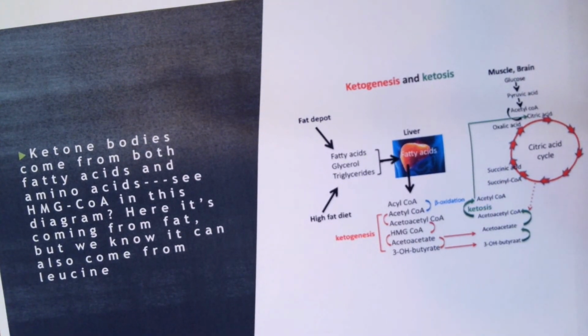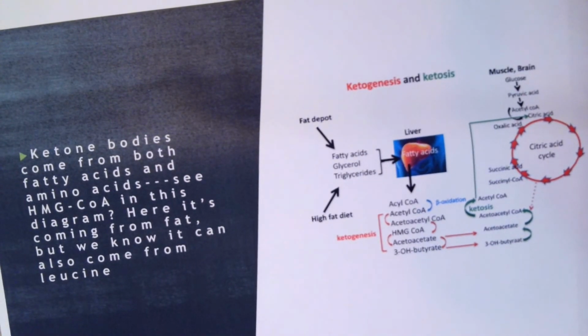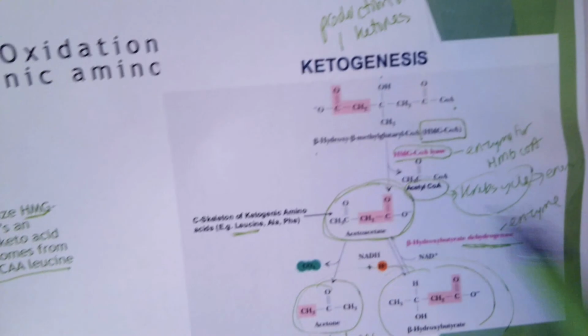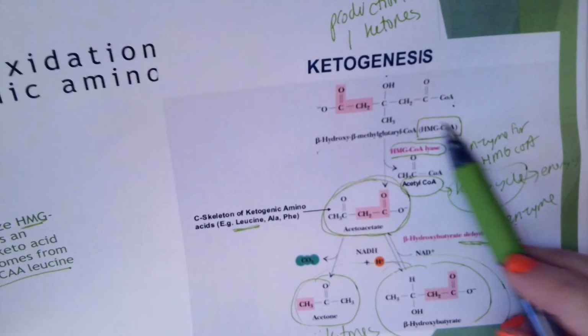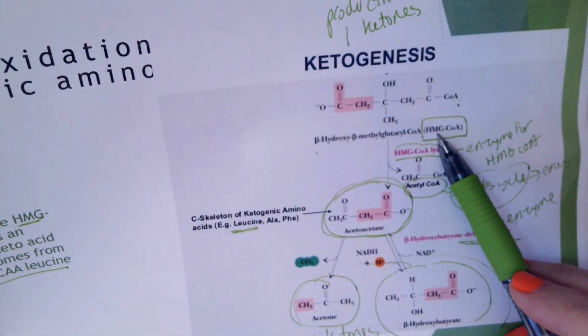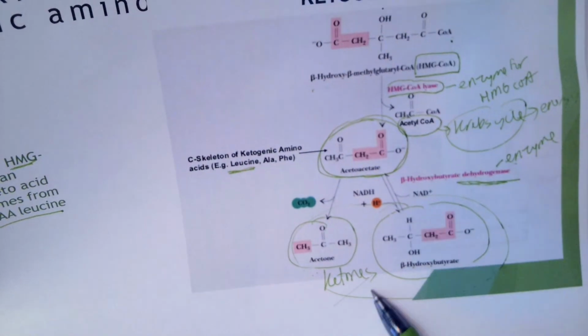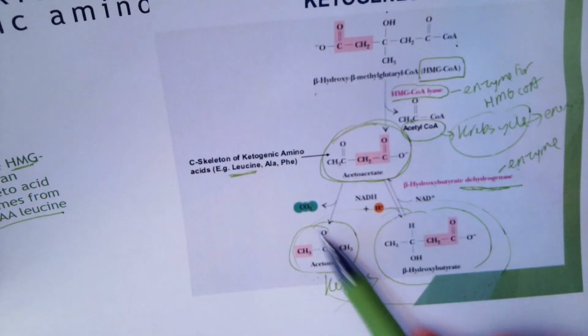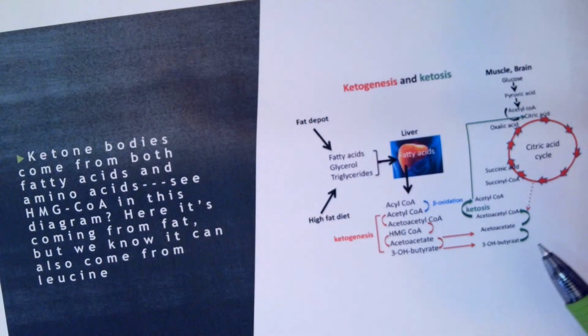It would be the same product in the end. Once we have the HMG-CoA, it would be a different way of getting it out of the fat, but once you have it, this process would be the same.